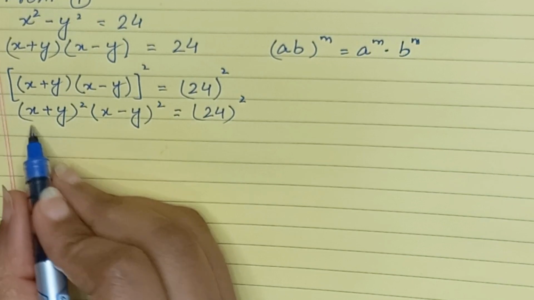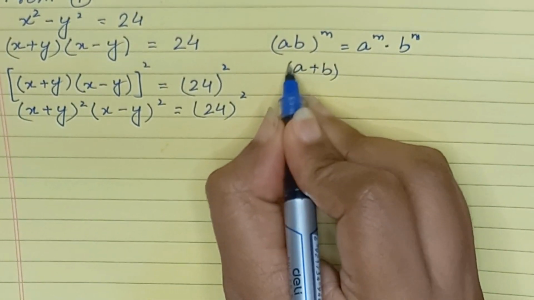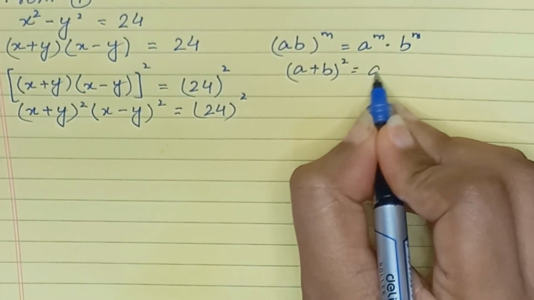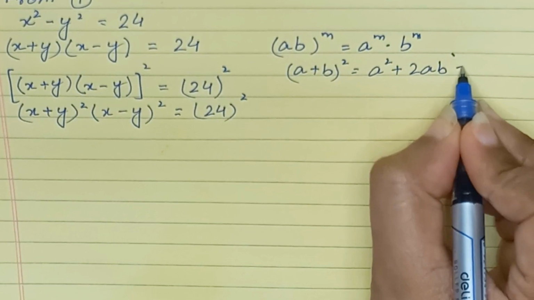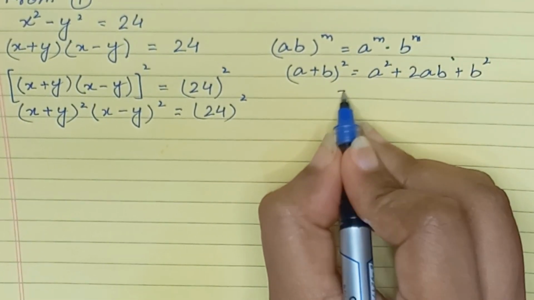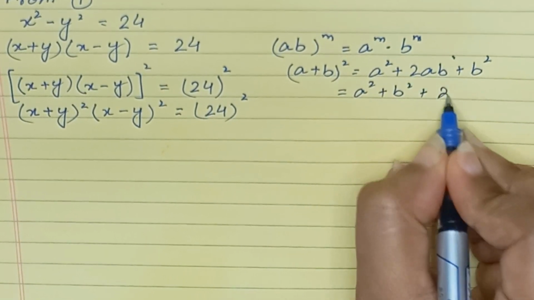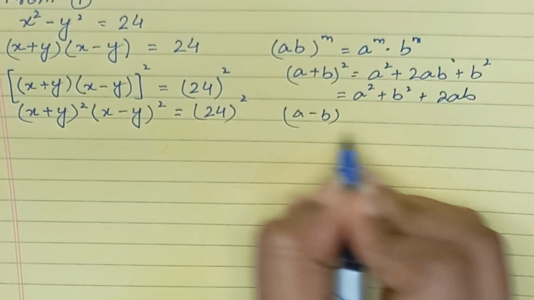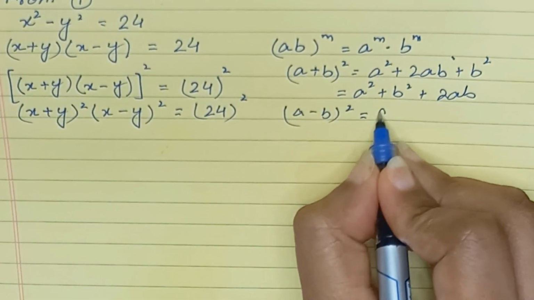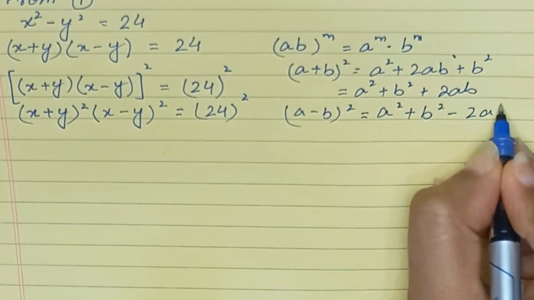Now we will apply the formula, which is (a plus b) whole square is equal to a square plus 2ab plus b square, or we can write it as a square plus b square plus 2ab. And similarly, (a minus b) whole square is equal to a square plus b square minus 2ab.